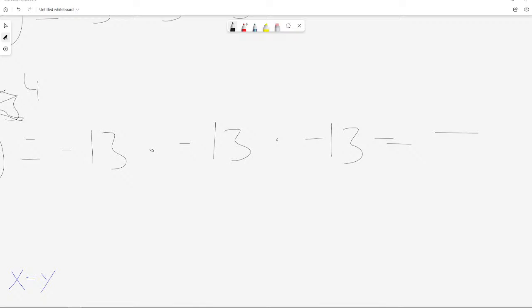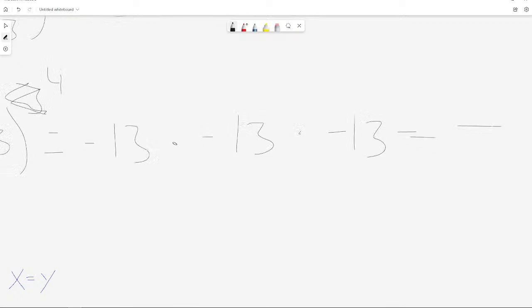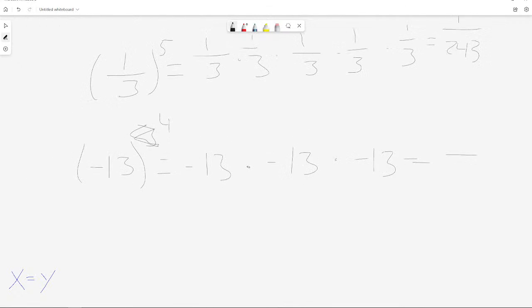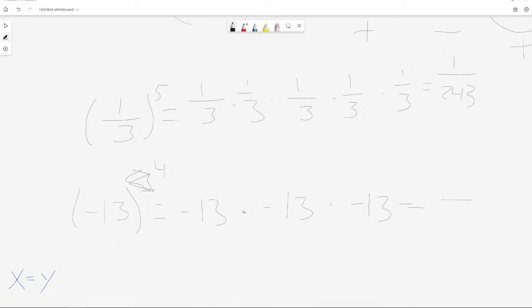Negative times a negative equals a positive, times a negative equals a negative, times a negative equals a positive. So a negative base with an odd exponent, you're going to get a negative answer. A negative base with an even exponent, you're going to get a positive answer.